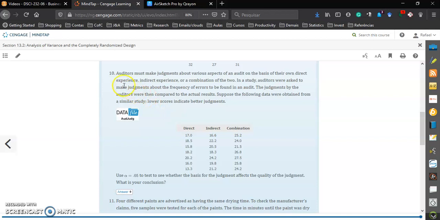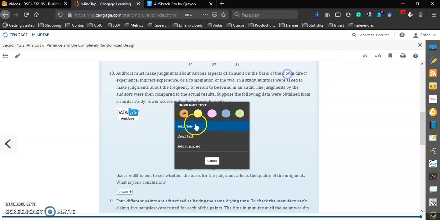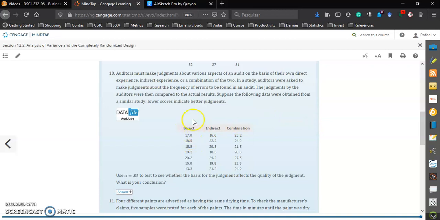Here, one more, and that's it. Auditors must make judgments about various aspects of an audit on the basis of their own direct experience, indirect experience, or a combination of the two. So you see that we have the levels here. These are the treatments: direct, indirect, and combination. The variable here is the use of judgment.